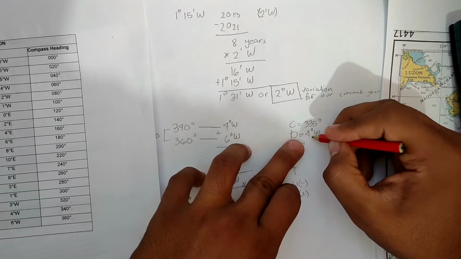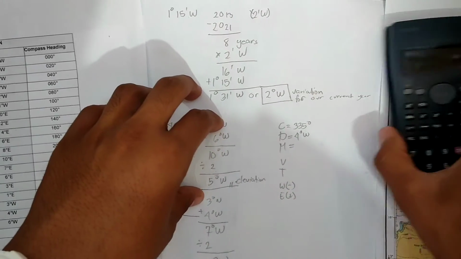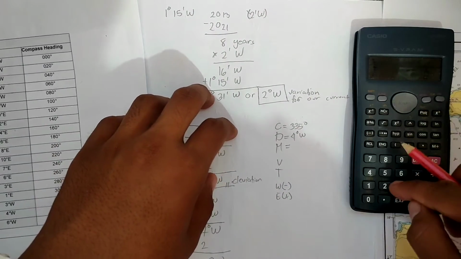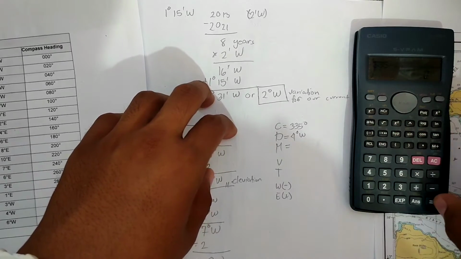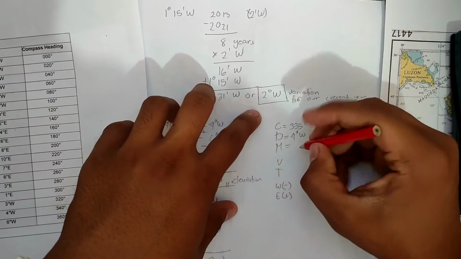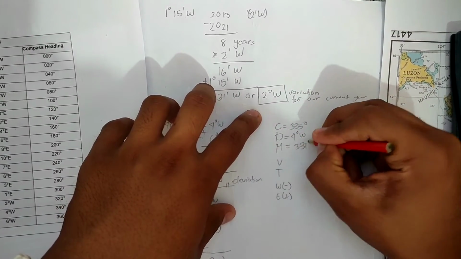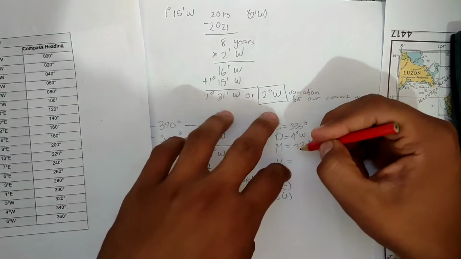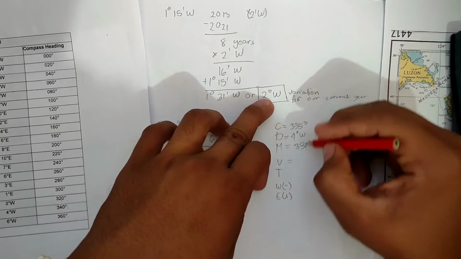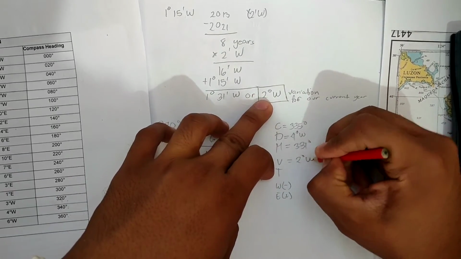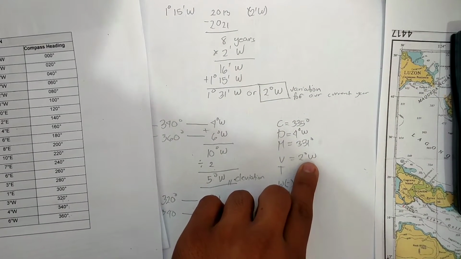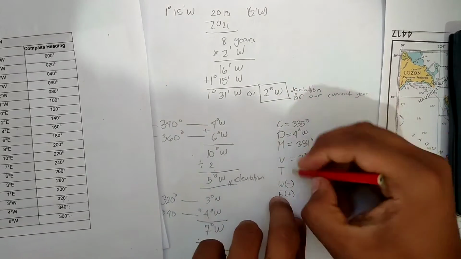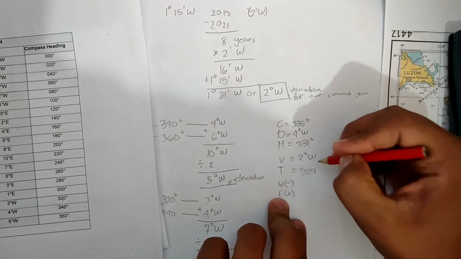So the deviation has a label of west, so 335 subtracted by 4, and we will get 331 degrees for our magnetic, and we all know the variation already, so it is 2 degrees west, and the label is west, so 331 subtracted by 2, and it will get 329.